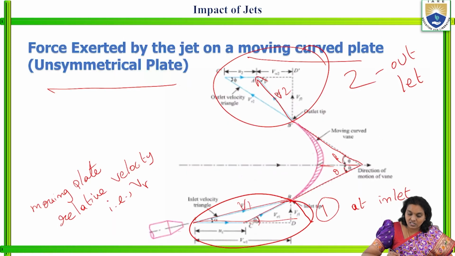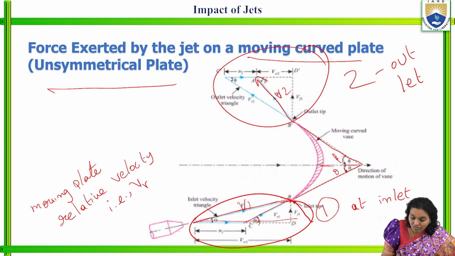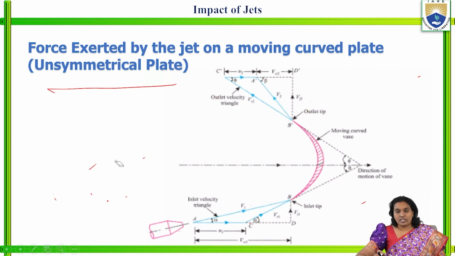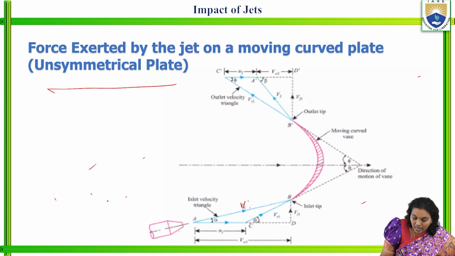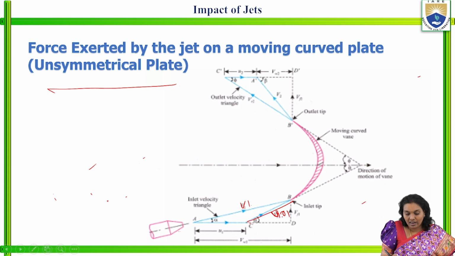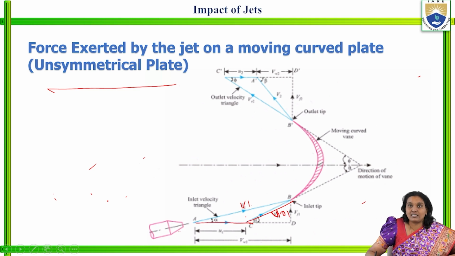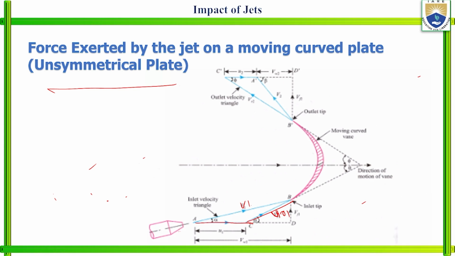So first, the relative velocity. This is the velocity of the jet which is going to enter, and this is the moving plate. The relative velocity between those two, V1 and U1, is VR1.